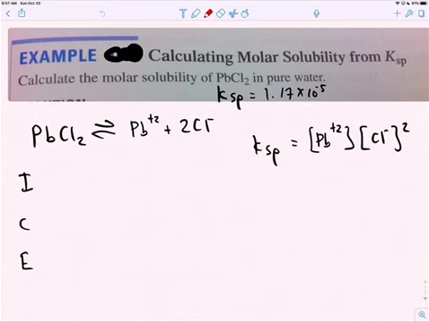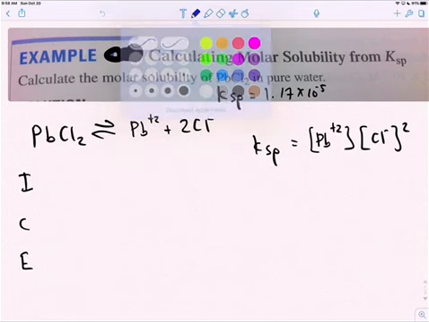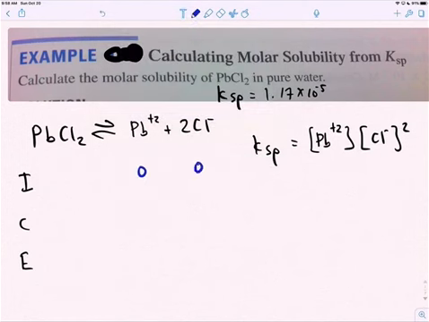And the Ksp then is lead plus 2 times chloride squared. The way you solve this problem is you do equilibrium. So initially you have no lead and no chloride, and the change, I use a dollar sign. The book uses an S, but my S looks like a 5. So I say plus solubility, plus 2 solubility.